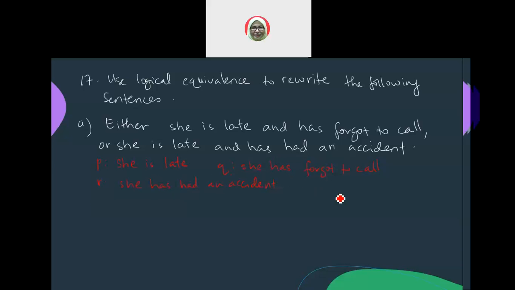Next, translate the given statement into symbolic form. The word either means or.